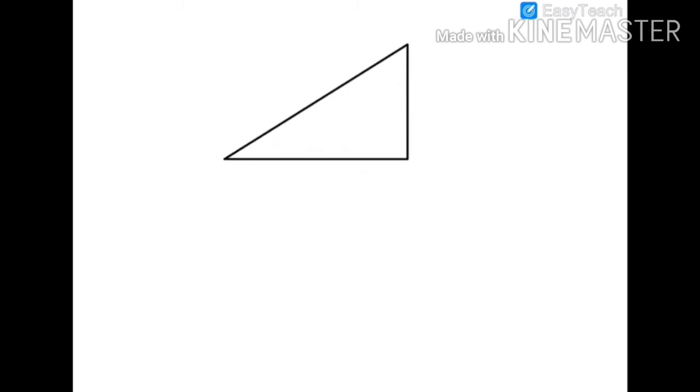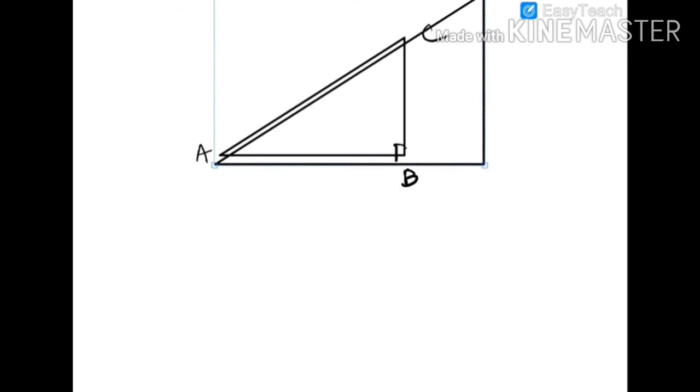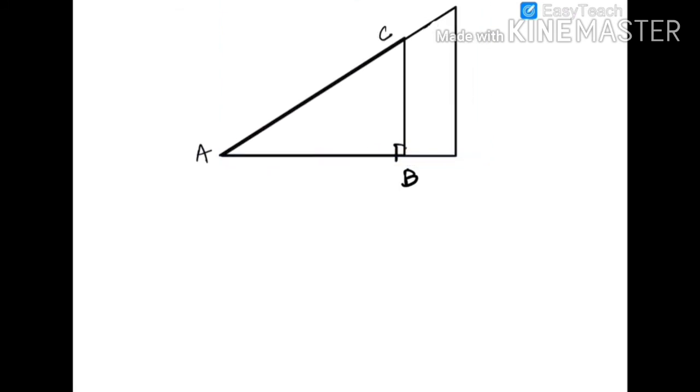Let's consider this right triangle ABC. Now what will happen if we increase the sides of this triangle? Let's say side AC is extended to point D and AB is extended to point E such that DE is perpendicular to AE. So we have two right triangles. Can we say that triangle ABC will be similar to triangle AED?